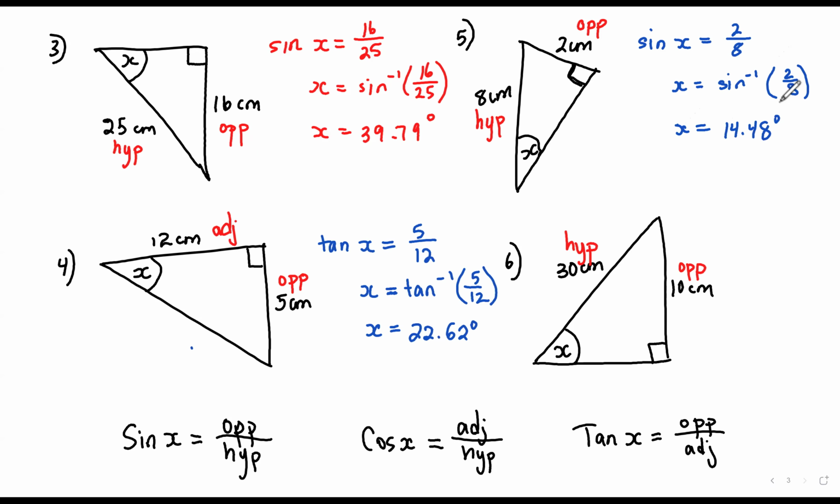And finally, number 6, which is also sine, will be sine of x is equal to opposite, which is 10, over the hypotenuse, which is 30. So therefore, x is equal to the sine inverse of 10 over 30, which is equal to 19.47, if you round it off to 2 decimal places.